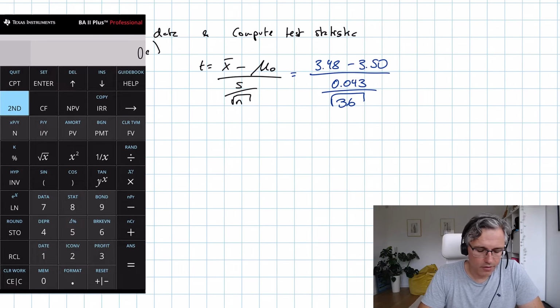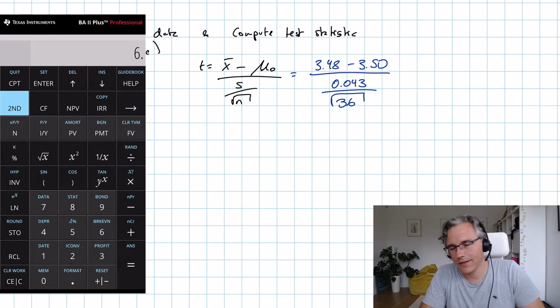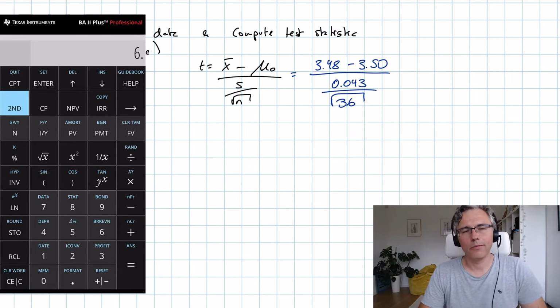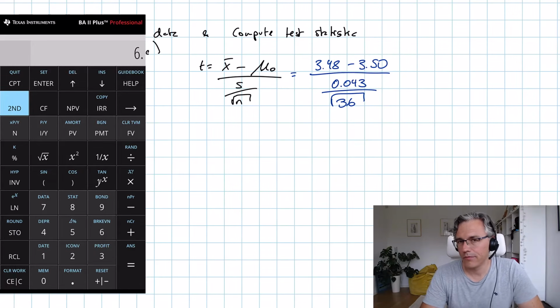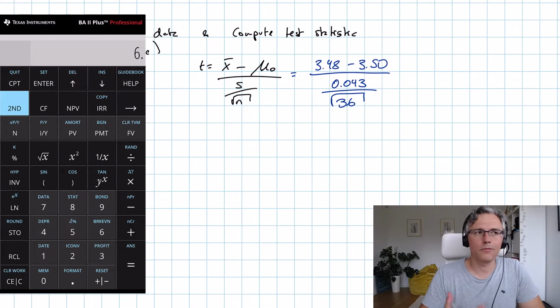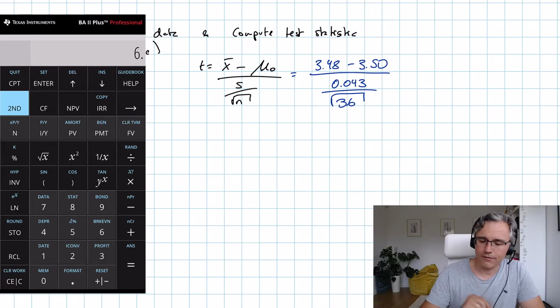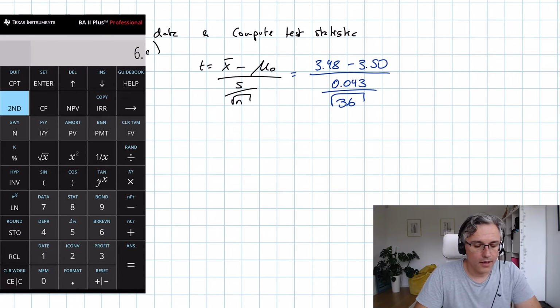So I've got 0.043 divided by the square root of 36. Remember my calculator is set up to handle operations under AOS mode, algebraic operating system. If you've got it set up in chain rule, I suggest you shift to AOS. There's a video on that, how to format your Texas Instruments calculator on the channel. Equals, so I've got the denominator.